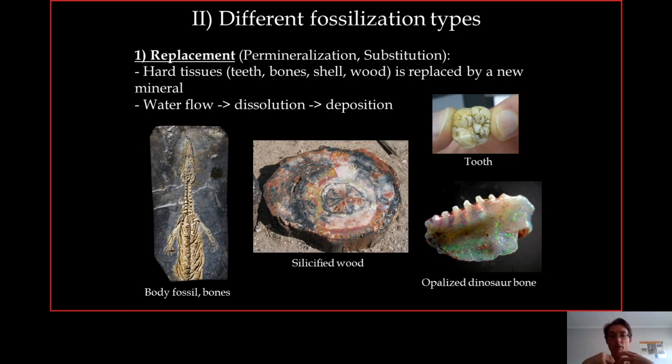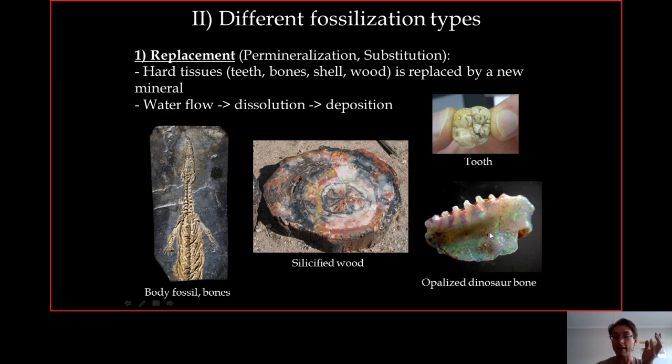So in the case of bone, the natural mineral that you find in the bone is the calcium phosphate. It will be replaced by a new mineral, and sometimes it can give you quite nice stuff, like for example this opalized dinosaur bone.